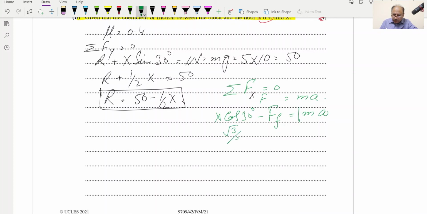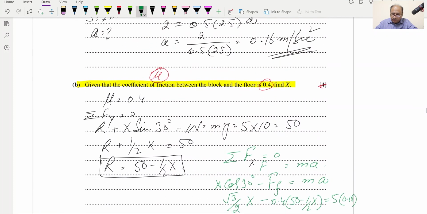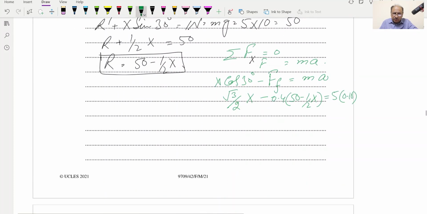So root 3 by 2 X minus the force of friction, which is 0.4 into R, that is mu R. We use the R value which we calculated, 50 minus 1 by 2 X, and this is equal to MA, where mass is 5 and acceleration is 0.16, which we calculated in the previous part. So we will simplify this.